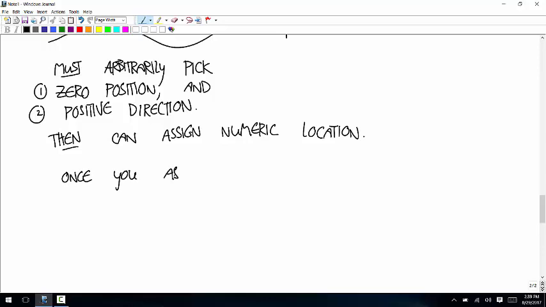So once you assign a number to a position, you can represent that position on a number line.